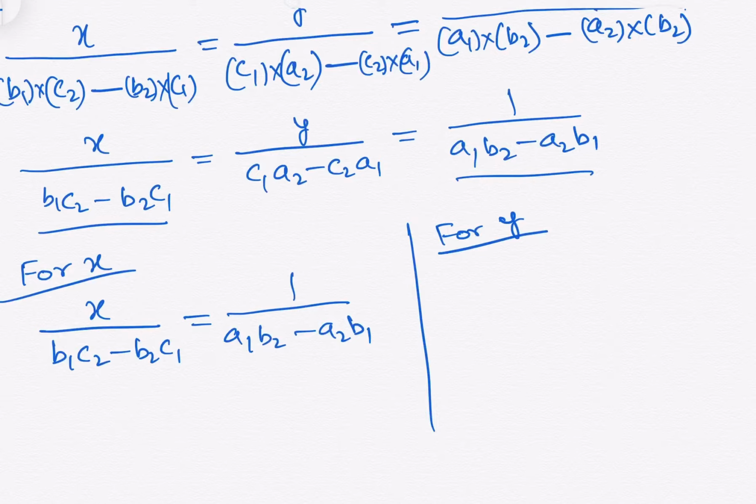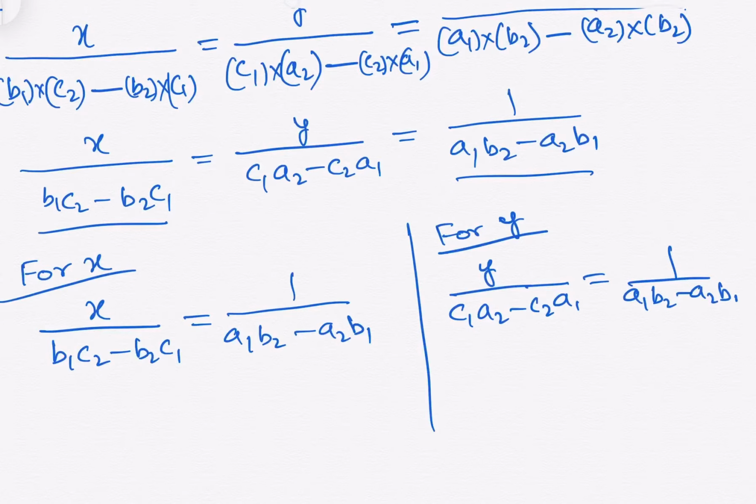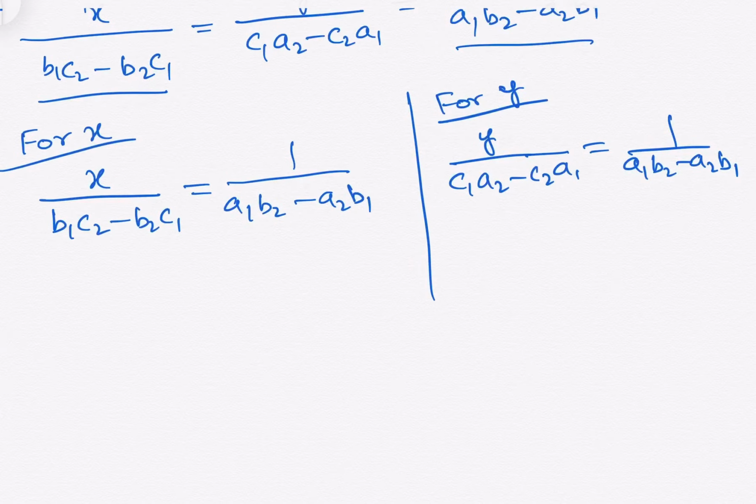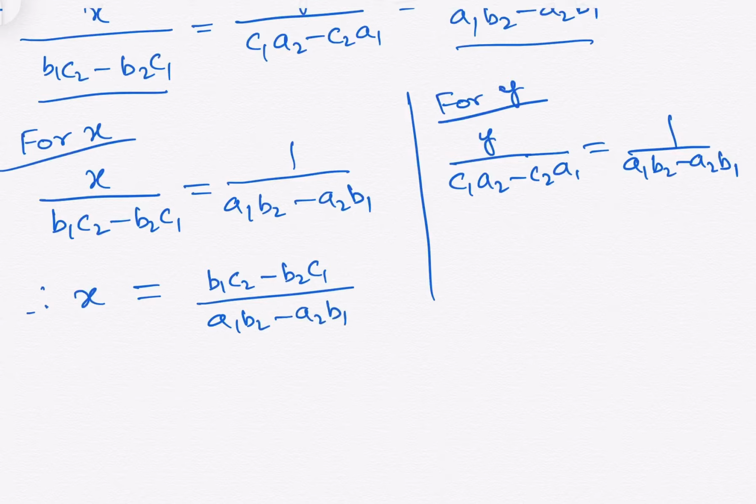Now we write the y portion, which is y divided by c1 a2 minus c2 a1 is equal to the constant part, which is a1 b2 minus a2 b1. Now after that we calculate the variable x. Therefore the value of x is b1 c2 minus b2 c1 divided by a1 b2 minus a2 b1. So this is the x portion.